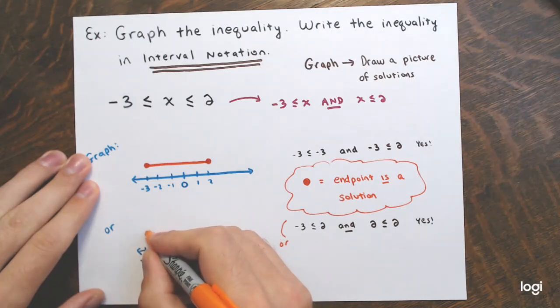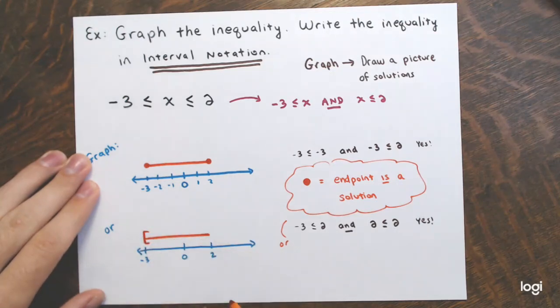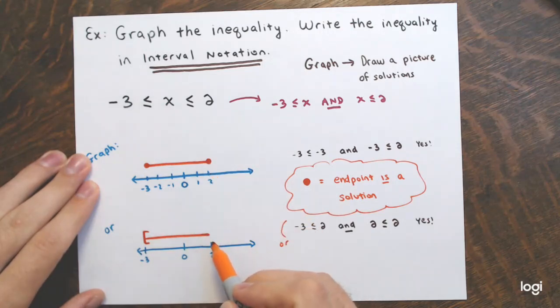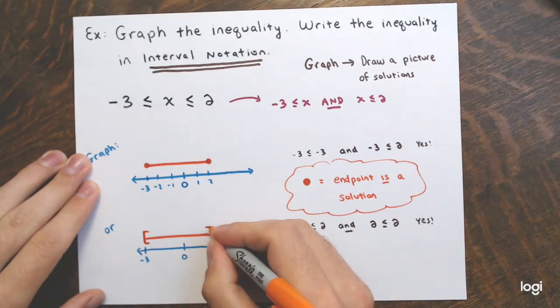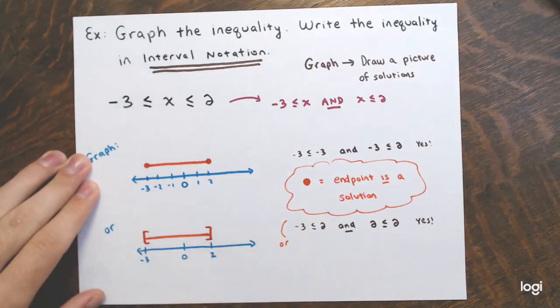On the left endpoint, I'd put a rectangular bracket opening to the right. And on the right endpoint, 2 is a solution, so you'll see a rectangular bracket with 90-degree angles above 2 that's opening to the left.